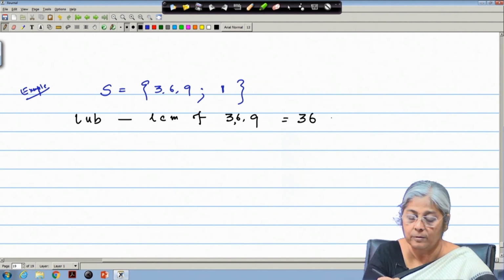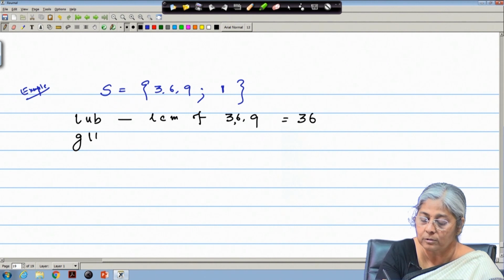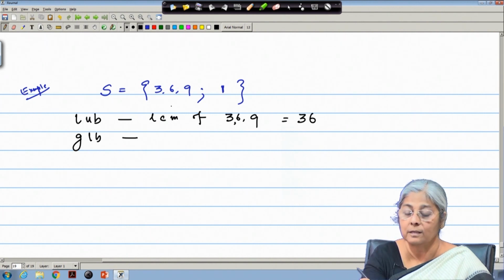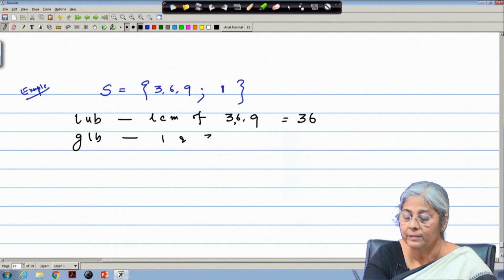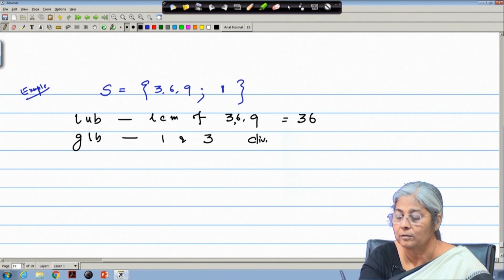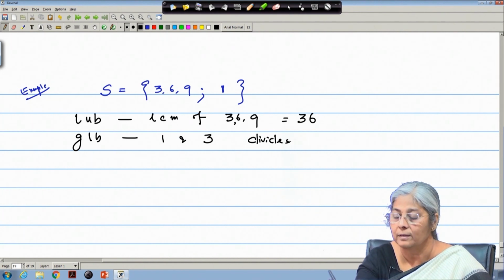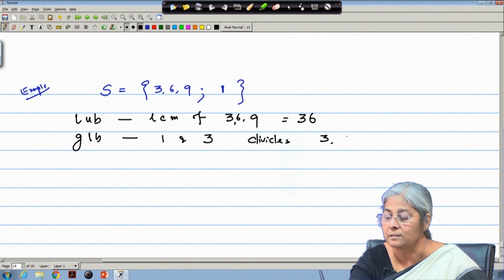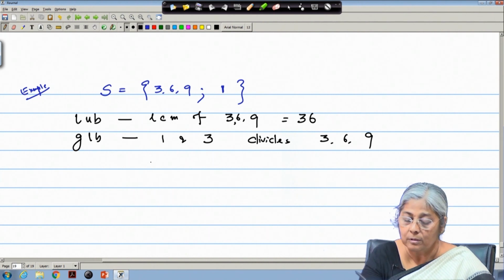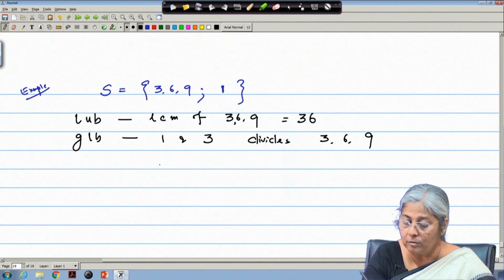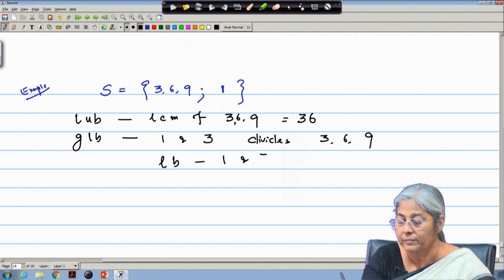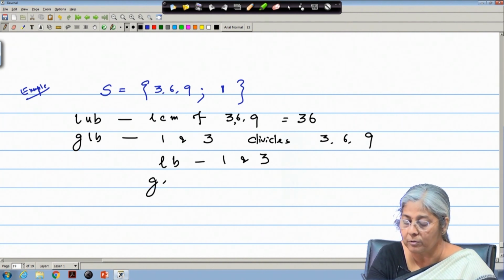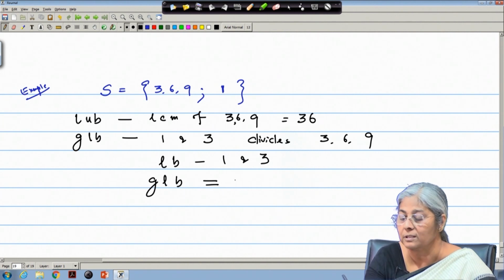So, it exists. The greatest lower bound in this case: 1 and 3 divide all the elements 3, 6, 9. So, the lower bounds are 1 and 3. So, the greatest lower bound GLB is 3.